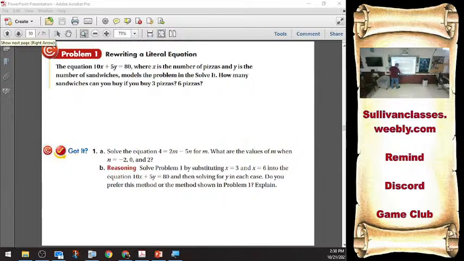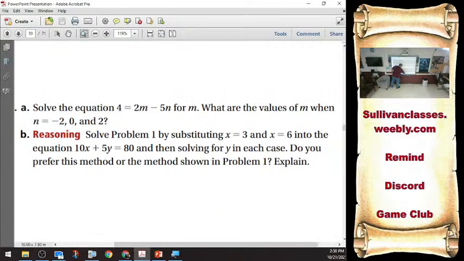When they say solve for M, solve for M means get M by itself. Can you move stuff around so that M is by itself and you got M equals that junk? Do it. The process is going to be no different than that, except you won't be able to combine like terms because the difference is there's an N there.